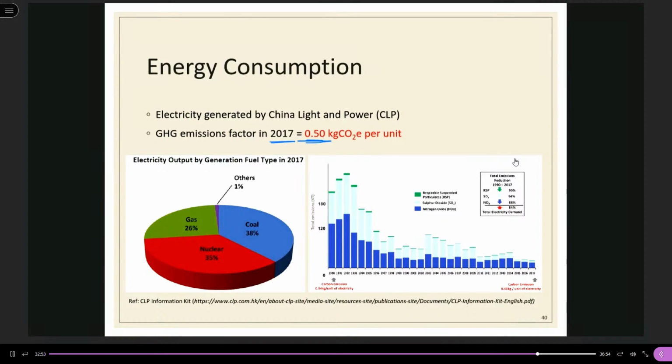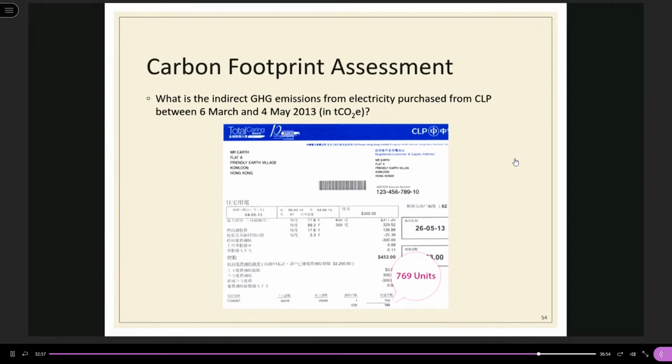So we apply this factor to the electricity bill. 769 multiplied by 0.5 will equal 384.5 kg CO2 equivalent. So this will be the amount of greenhouse gas emission in these 2 months.